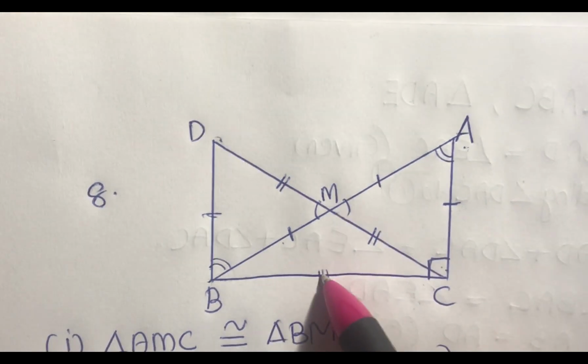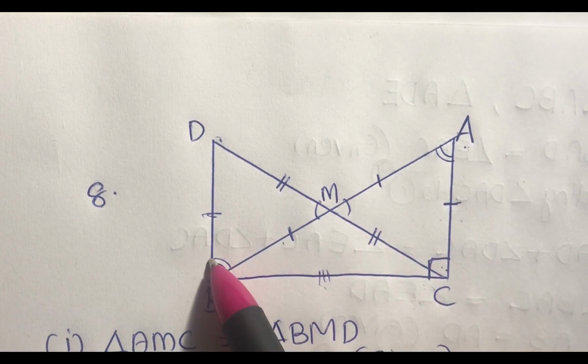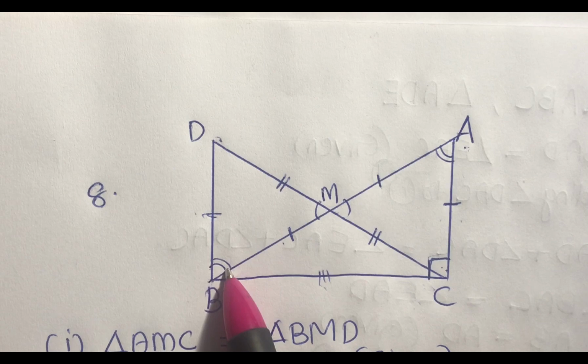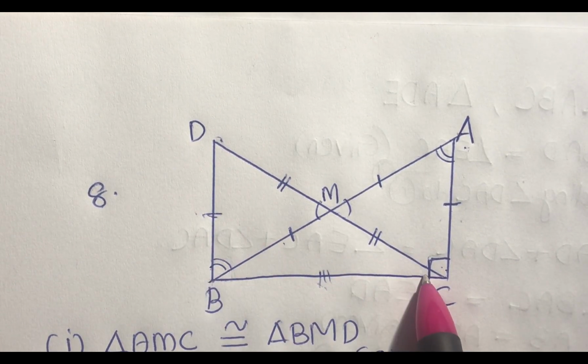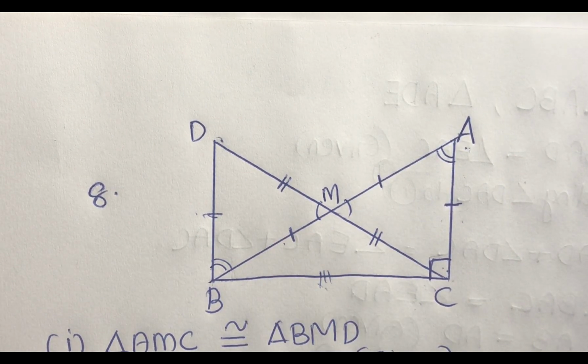We have this common side, and these sides are equal. Also this angle is 90 degrees. So by SAS congruence rule, we can prove DBC and ACB are congruent triangles.